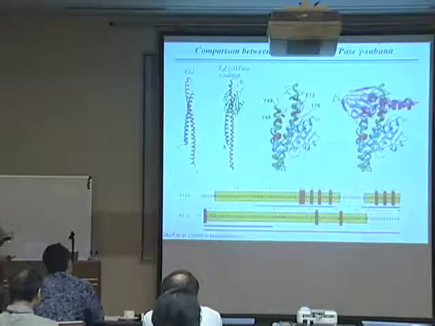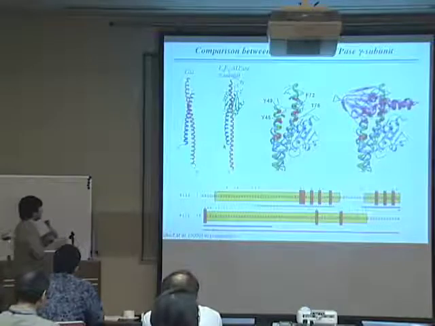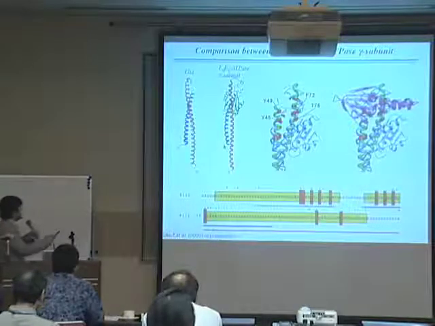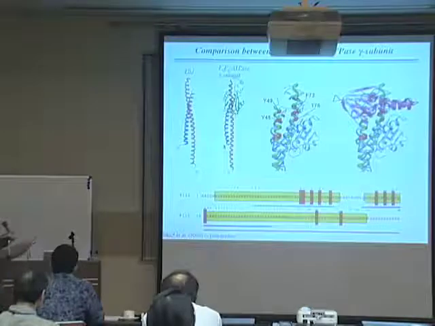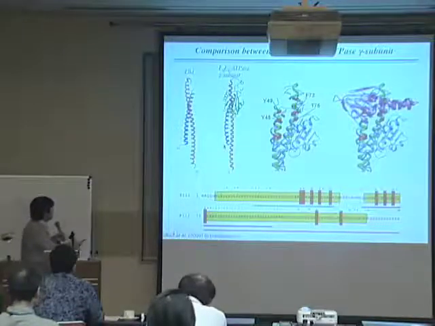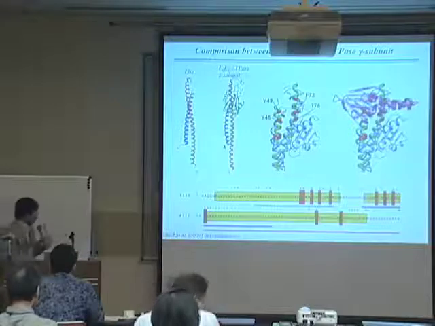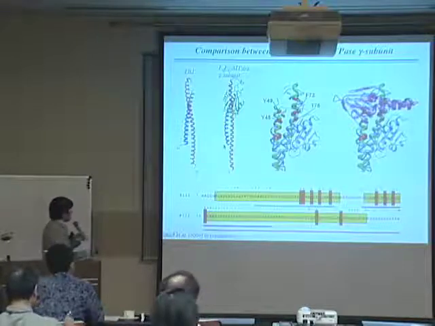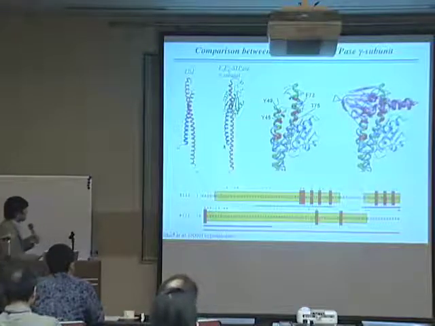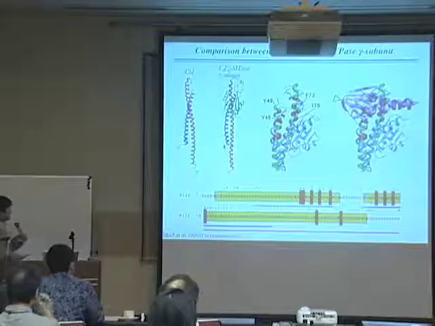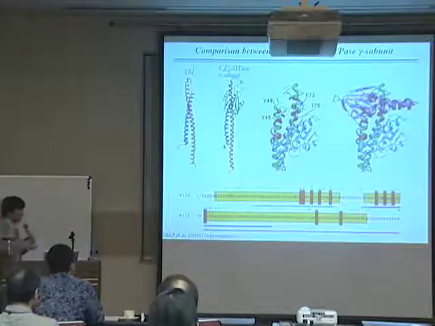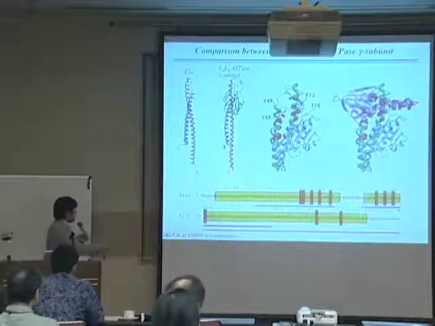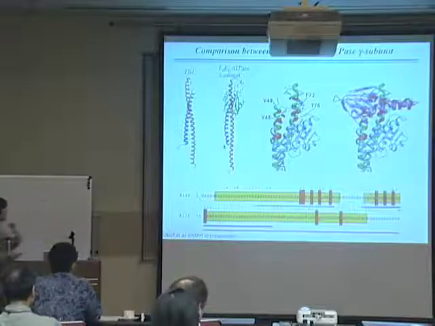This is another component protein of the flagellum. Here is the central stalk, the F1 ATPase gamma subunit. You can see a very similar structure in the central part. After solving this structure, we compared both sequences. With a normal sequence alignment, we cannot find any similarity between them.